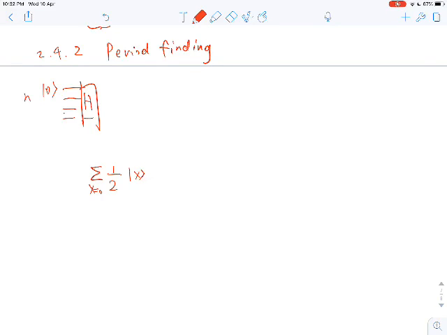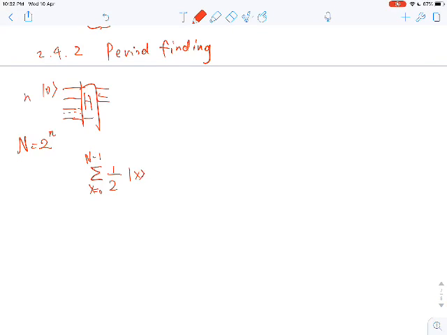This time we have n input qubits, and we denote capital N as 2 to the power n, the number of values that n qubits can represent, from 0 to N minus 1, right?